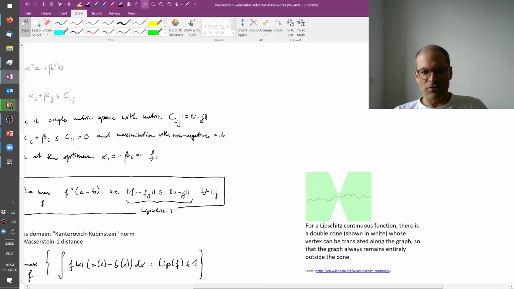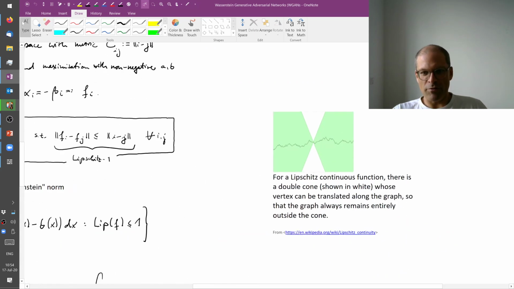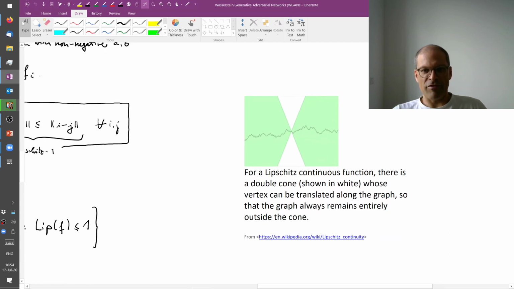And for those who have never heard that word before, here's an example from Wikipedia. There's some curve, and I can now create a cone with a given slope. So here the slope is probably 3 or so.